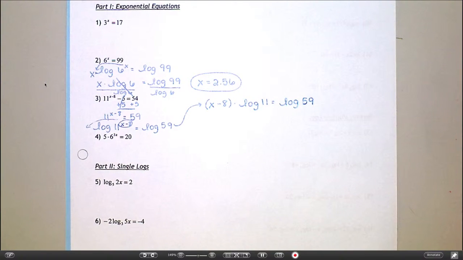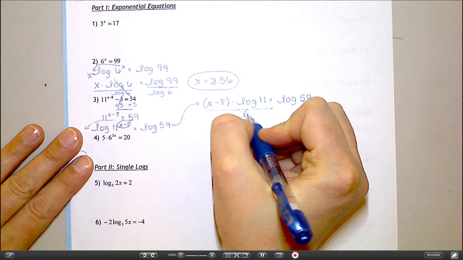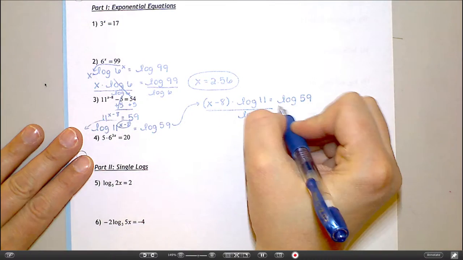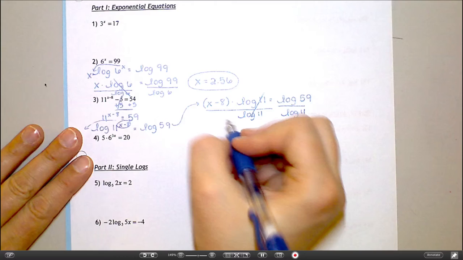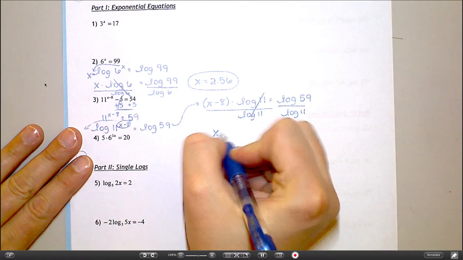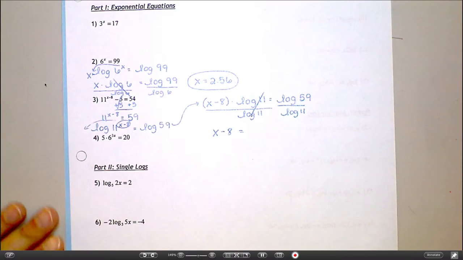Okay, where am I going to go from here? Divide log 11. Good. Divide by log 11. Okay, so I end up with x minus 8 equals whatever this decimal is, log 59 divided by log 11.